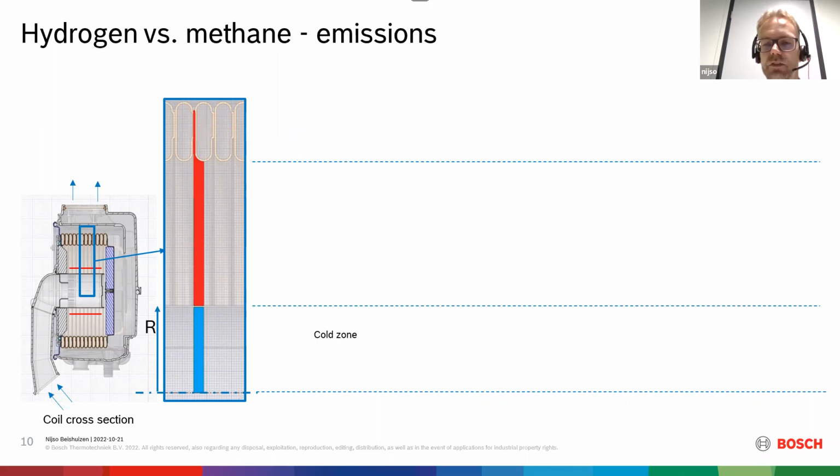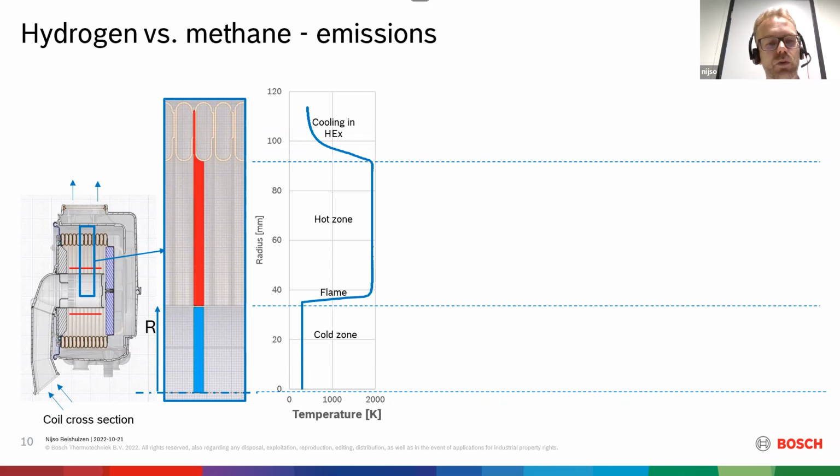So we can identify different zones here. So we have a cold zone where the premixed fuel and air are transported to the burner surface, and the flames are stabilized on the burner surface. A burner is merely a method to keep the flames at a fixed position. And in the flame zone, the temperature quickly increases and reaches the flame temperature.